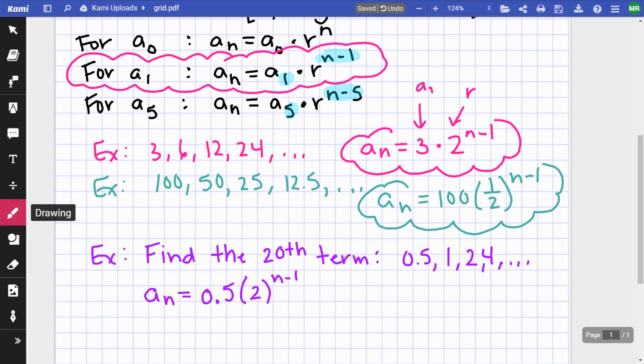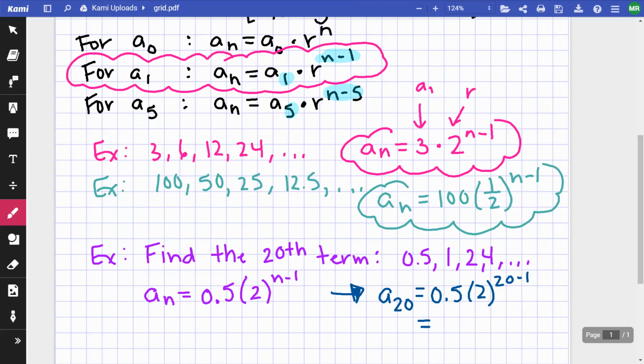So if I want the 20th term, a sub 20, then I'm going to go 0.5 times 2 to the 20 minus 1, or 19.